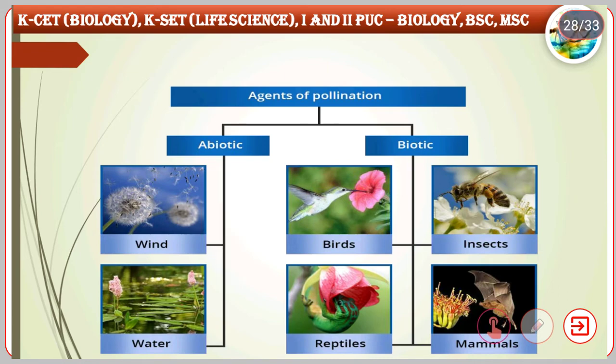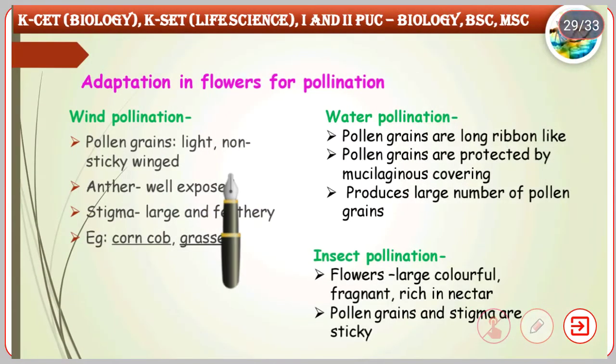So let's move on to the next slide, that is adaptations in the flowers for pollination. So how all these flowers are adapted to pollination with the help of agents, let us see. First let us take wind pollination. In wind pollination, the pollen grains present in the flowers are light, loosely attached, and non-sticky, winged.